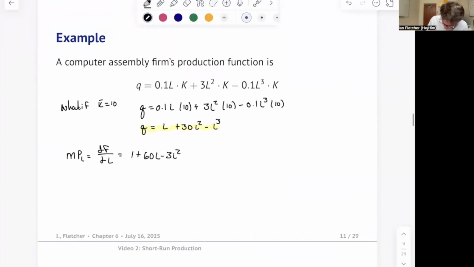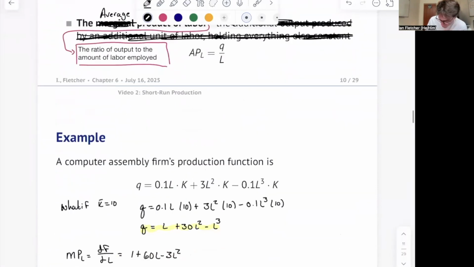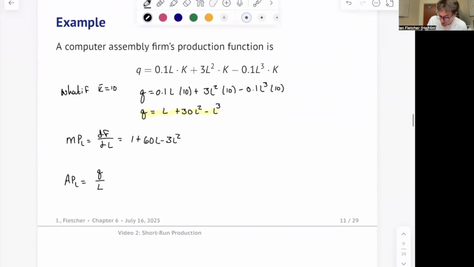Our average product of labor is going to be Q over L. And that average is always going to be the same.